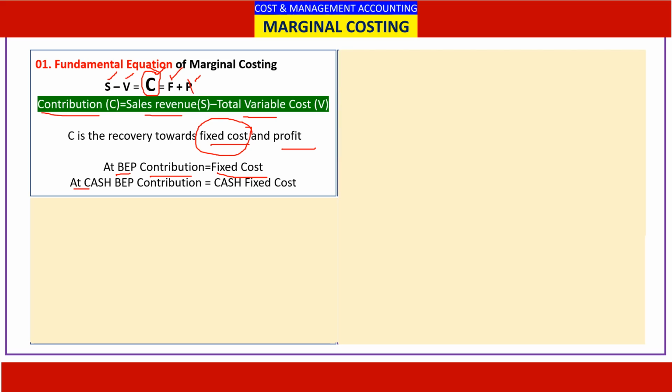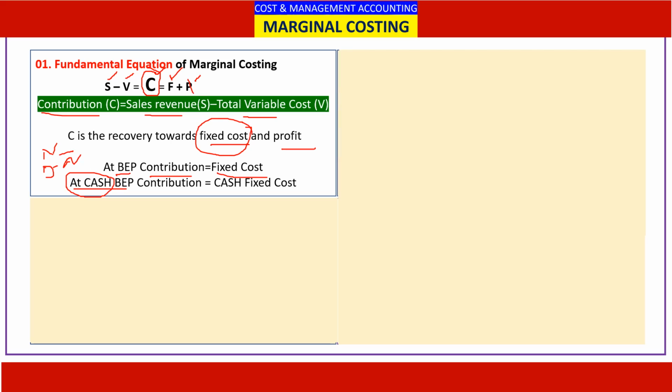There is also a concept called cash break-even point. See, fixed expenses may be non-cash or cash. For example, if it is rent, it is a cash fixed expense. If it is depreciation, it is a non-cash. Retail businesses and businesses of similar type normally aim at cash break-even, not to lose cash in the short term.